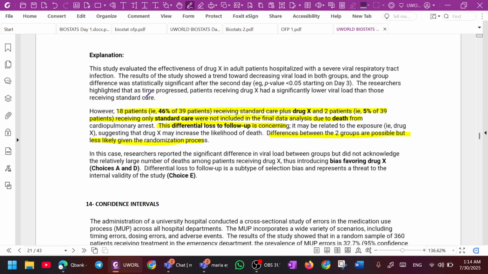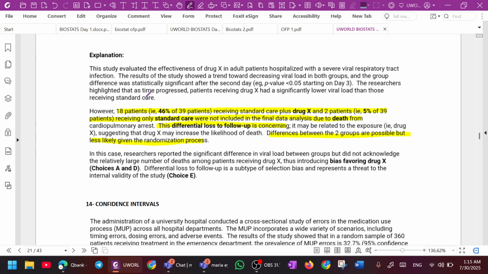The results of the study showed a trend toward decreasing viral load in both groups, and the group difference was statistically significant after the second day, P-value less than 0.05 starting on day 3. The researchers highlighted that as time progressed, patients receiving drug X had a significantly lower viral load than those with the standard care.